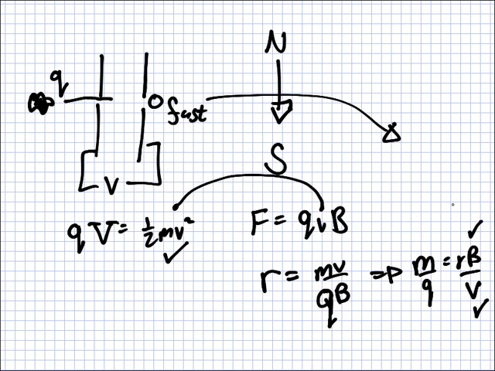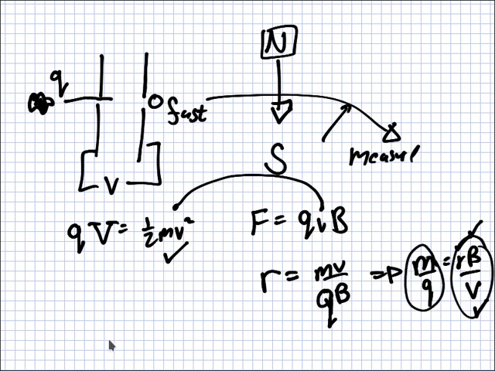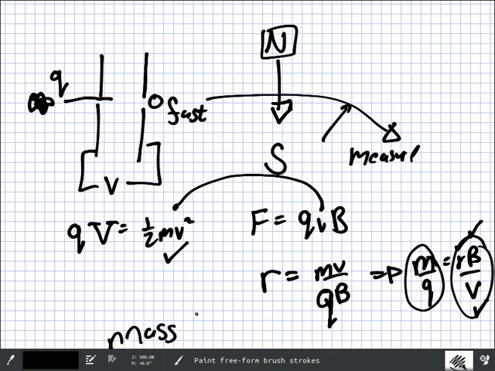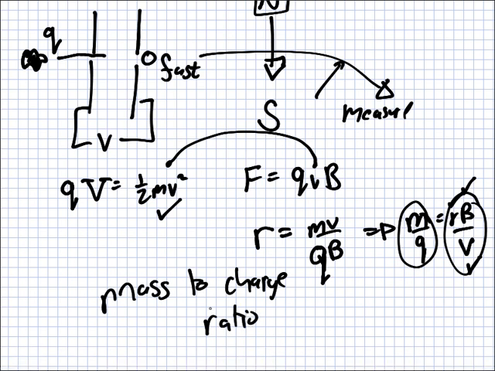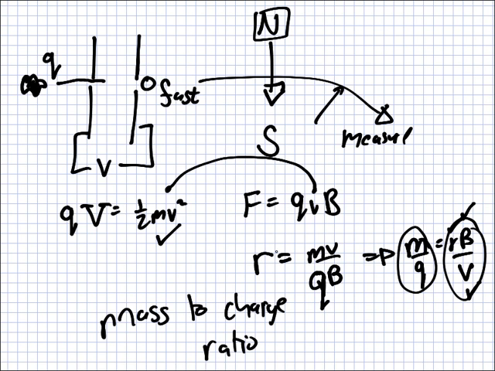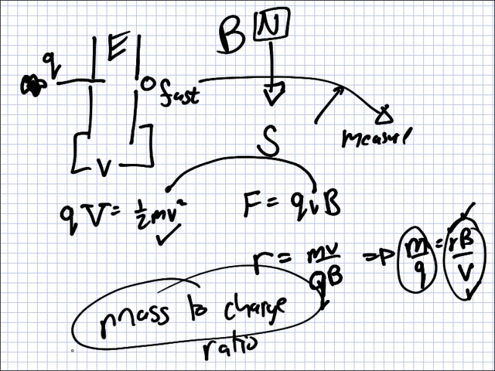You can know B because it's on the magnet, and you can measure r. So if you calculate this, you can know m over q, which is the mass to charge ratio in chemistry. So this is how you can do this using physics, electric field and magnetic field together. You can calculate the mass to charge ratio. I think it's interesting.